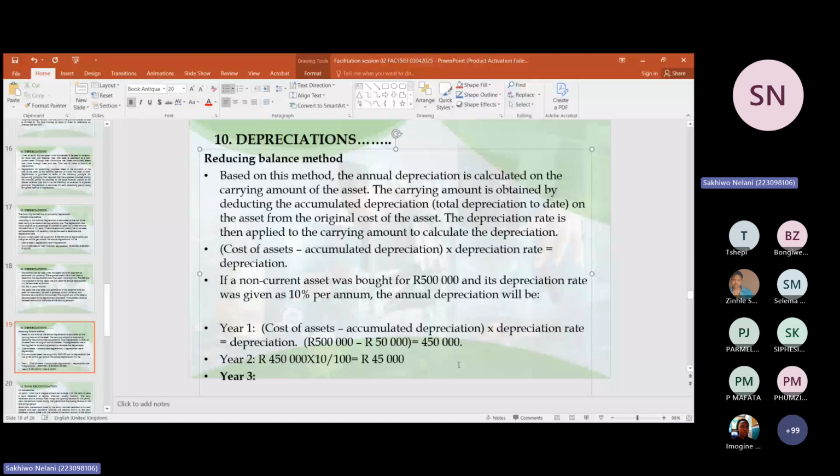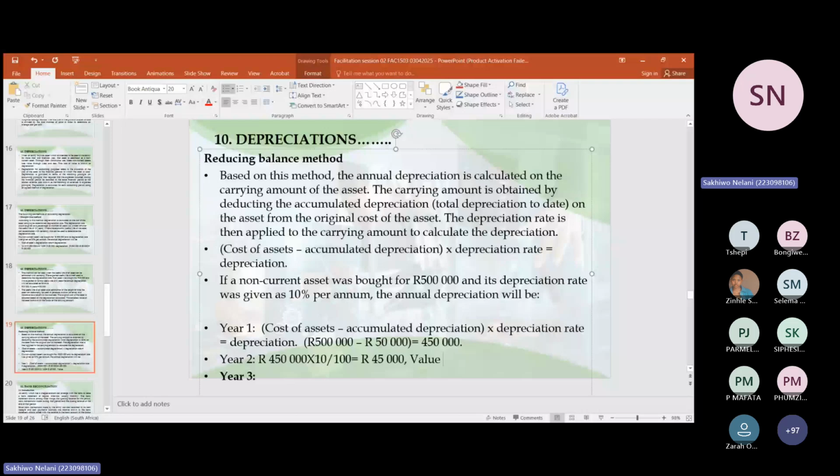In fact, for you to be able to make a determination for year 3, what is the value of your vehicle at year 2 now? 405,000.